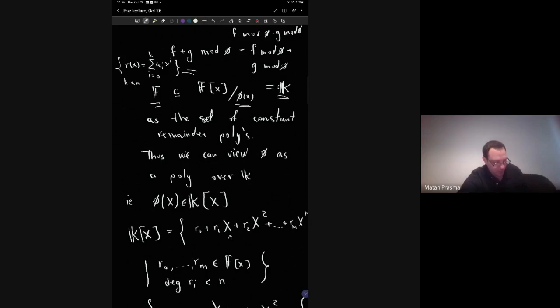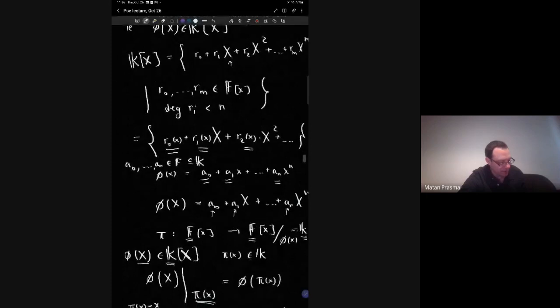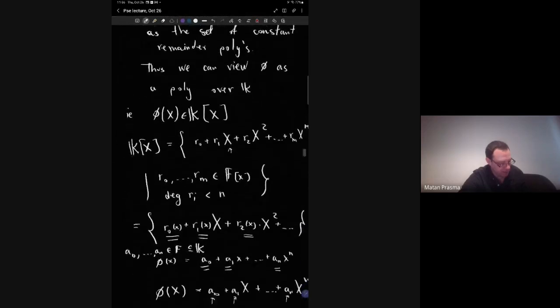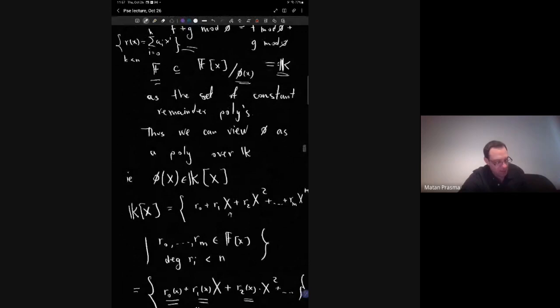This K is the set of all remainder polynomials, so all expressions of the form A0 plus A1 x up to AK x to the K for some coefficients A0 up to AK in F.